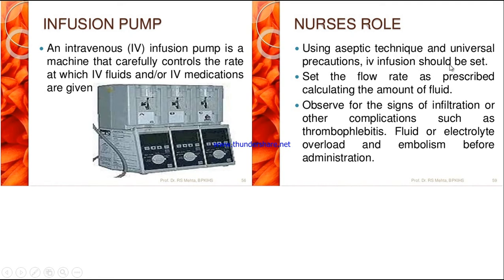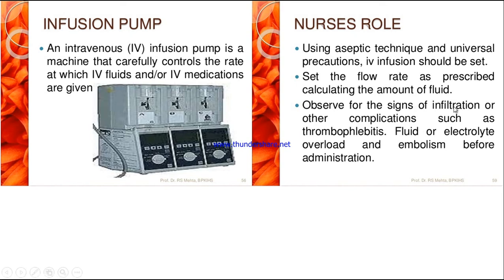The IV infusion should be set. Before putting the IV set into the infusion pump, we have to prepare the IV infusion. Set the flow rate as prescribed, calculating the amount of fluid. So if the doctor says you have to provide 800 ml of RL in 8 hours, we have to calculate the amount of fluid.